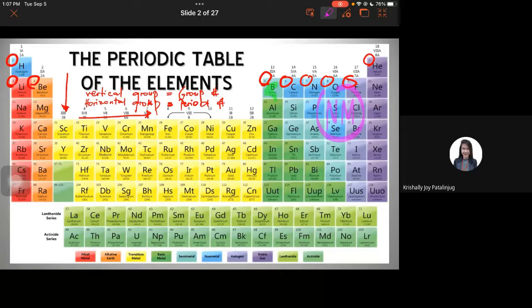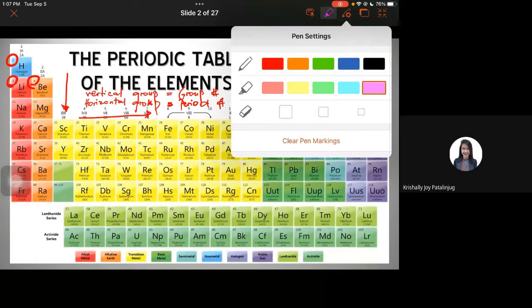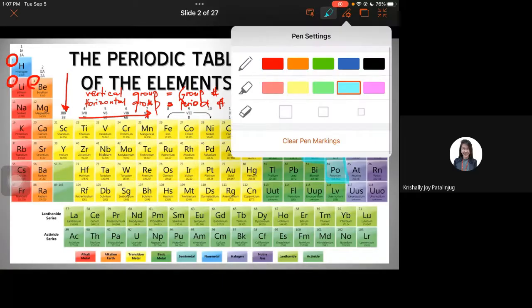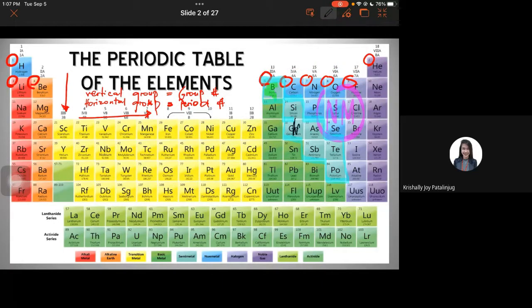Those elements that lie along this staircase, which I highlighted in sky blue, are the elements considered metalloids, or semi-metals, meaning they exhibit both metallic and non-metallic properties. And the rest, to the left, are metals. So please take note of the arrangement of the elements: the non-metals are on the upper right portion of the periodic table.